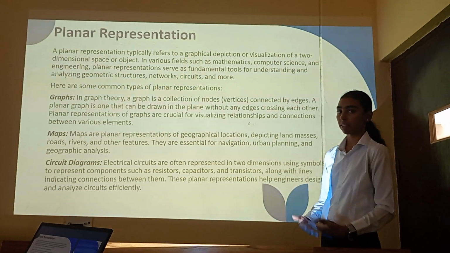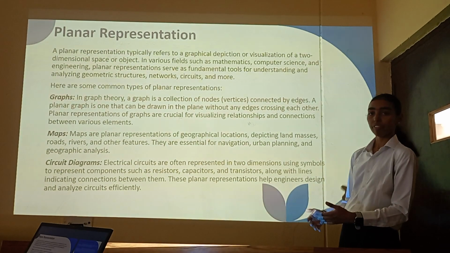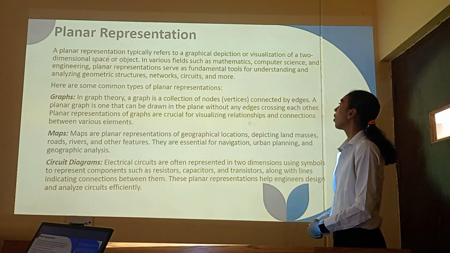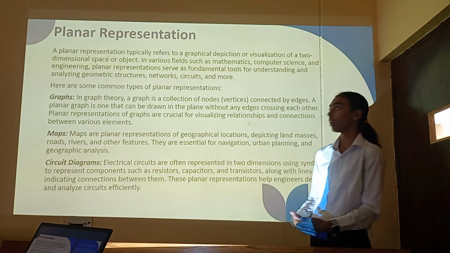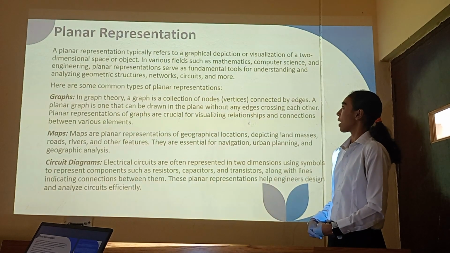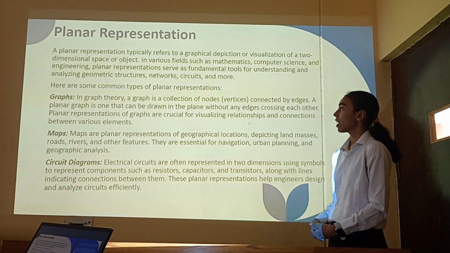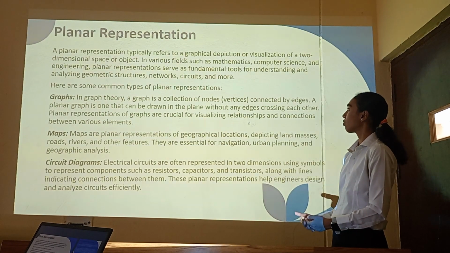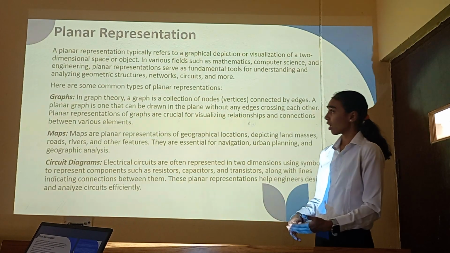A planar representation refers to a graphical depiction or visualization of a two-dimensional space or object in various fields such as mathematics, computer science, and engineering. Planar representations serve as fundamental tools for understanding.